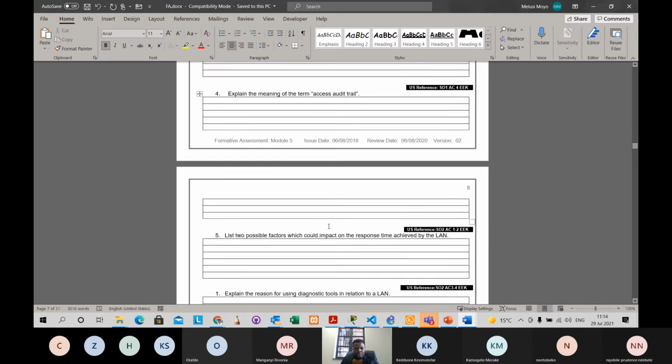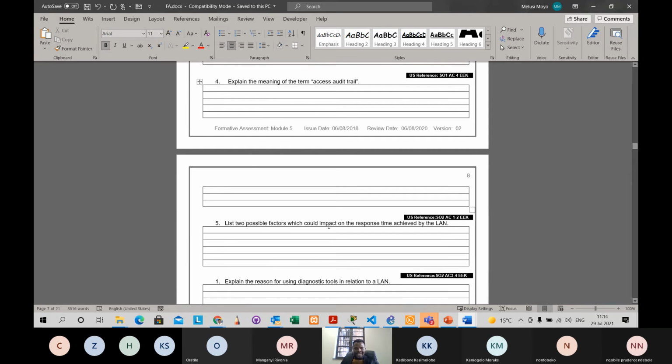All right, number 4: explain the meaning of the term access audit trail. What do you think that term means? Well, sir, can you hear me? Yes, I can.